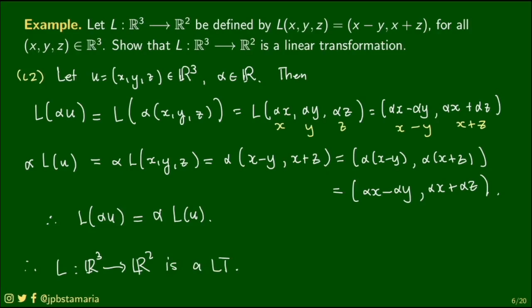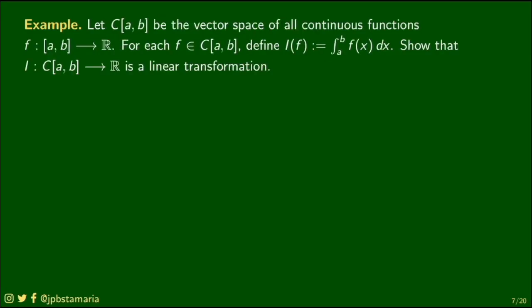Alright, let's consider more examples. So let this symbol denote the vector space consisting of all functions which are continuous on the closed interval [a, b]. So these are real valued functions whose domain is the closed interval [a, b], and these functions are continuous.